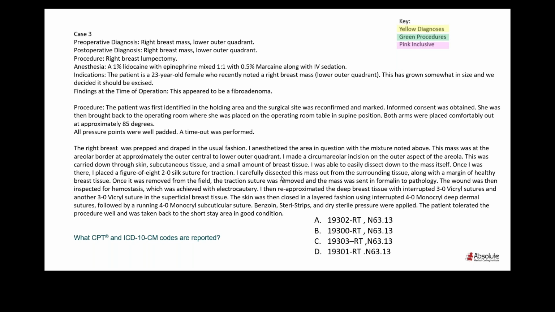Benzoin, Steri-Strips, and dry sterile dressing were applied. The patient tolerated the procedure well and was taken back to the short stay area in good condition. Coders, you have some minutes to solve this scenario.